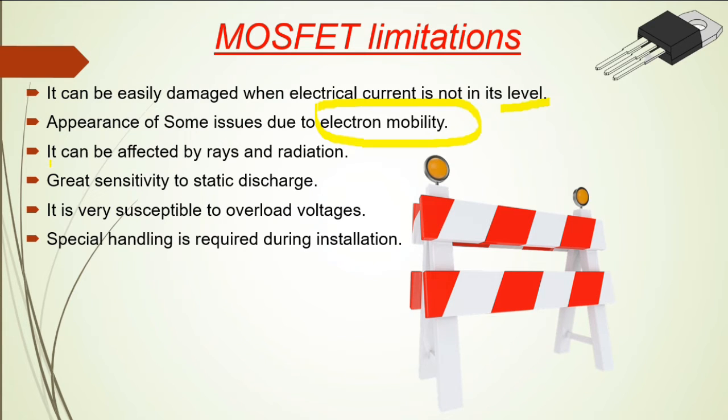So the MOSFET can be affected by rays and radiation. This is one of the MOSFET limitations. It can be affected by rays and radiations.